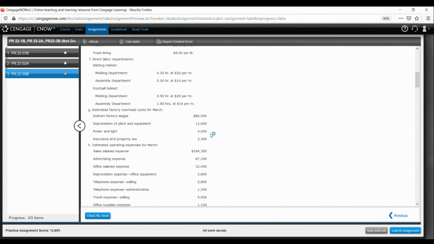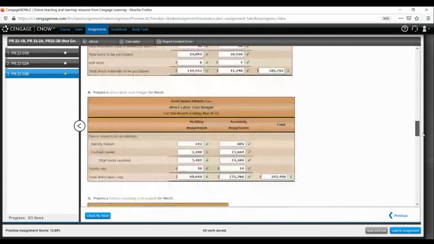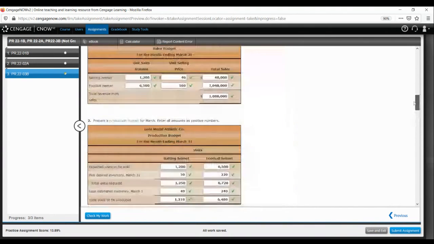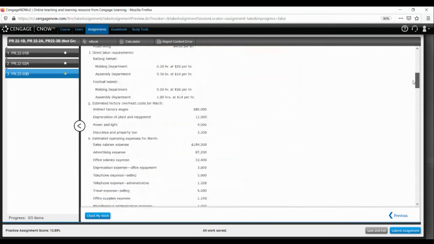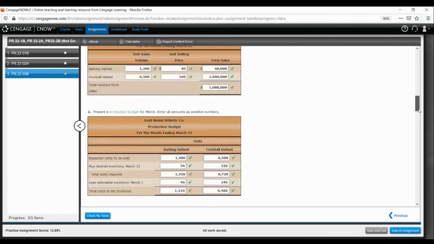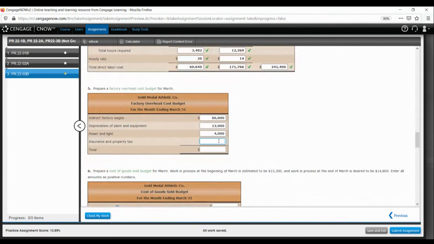Your power and light is $4,000. You just plug the amounts in that they've given you. And then your insurance and your property tax is $2,300. And then we're going to total our factory overhead.